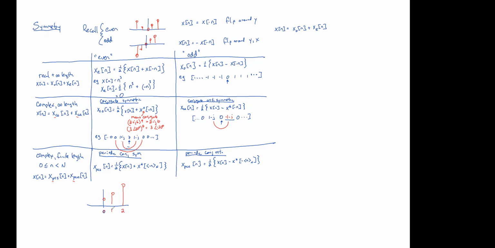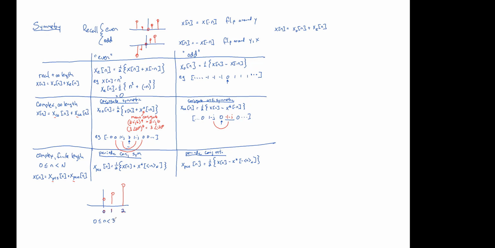Should have probably done that in blue to keep it consistent. It is non-zero in that area, so it has a length of 3.